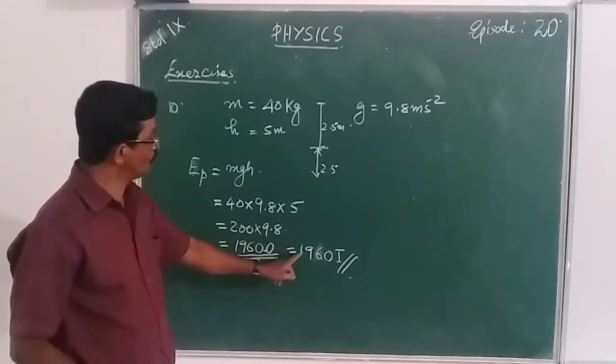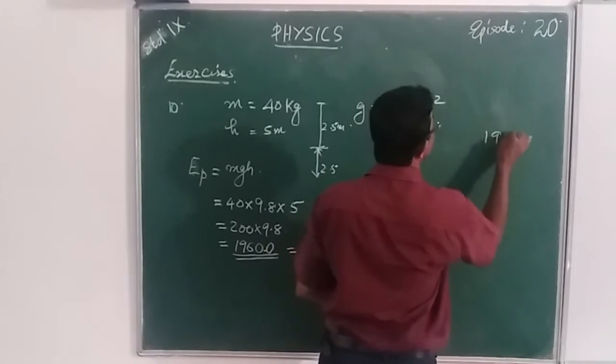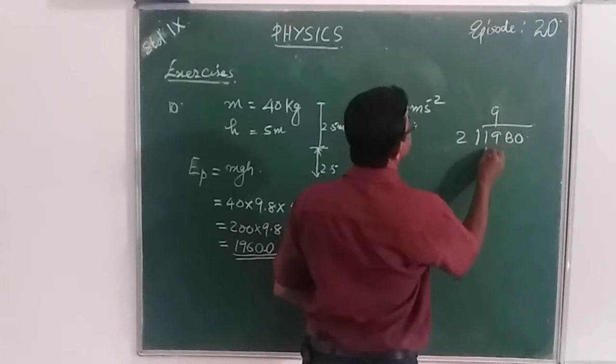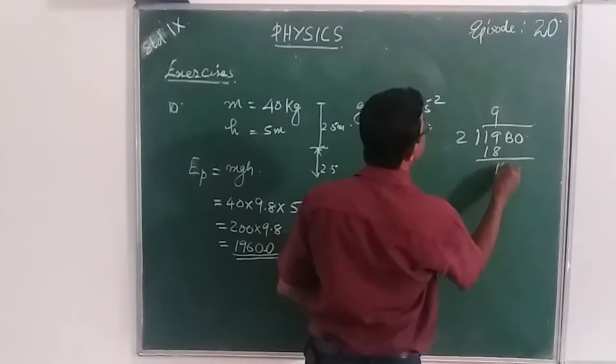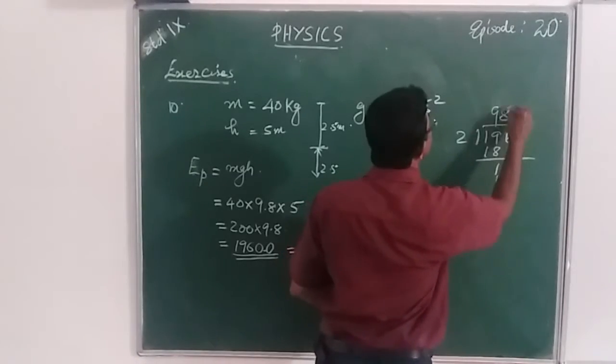That means 1960 divided by 2. How much it will be?